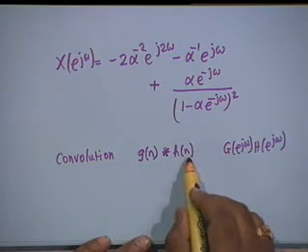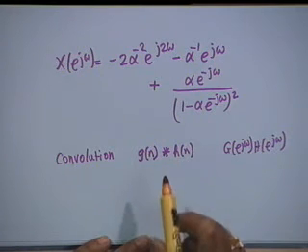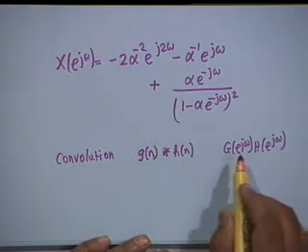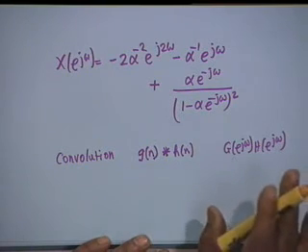Working out convolution in the time domain, as you have realized, is not a very simple matter, but in the frequency domain, if you know the two Fourier transforms, then you simply multiply them.